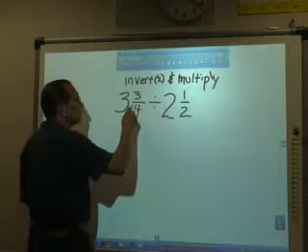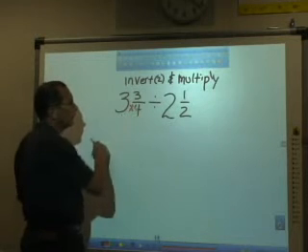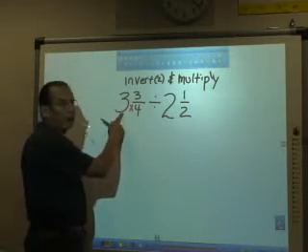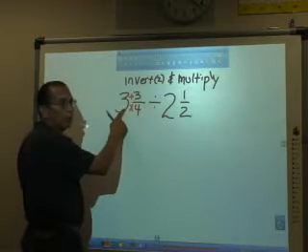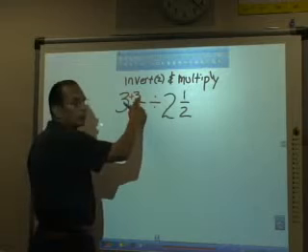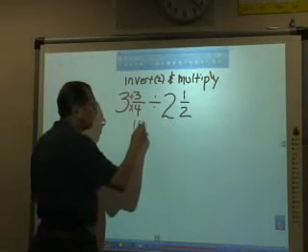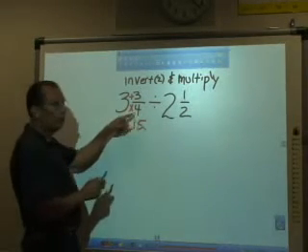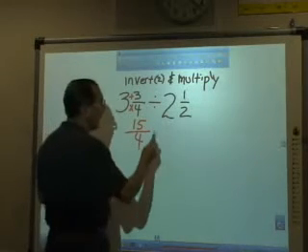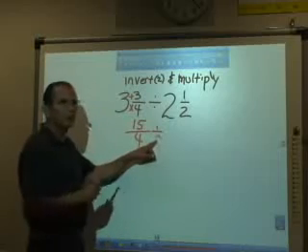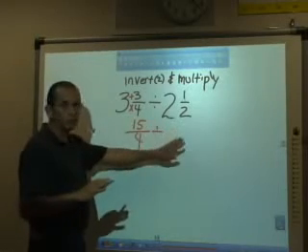Remember, we're going to multiply our denominator times our whole number and add the numerator. 4 times 3, 12, plus 3, 15. And we put the whole thing over the same denominator. I'm going to keep the division sign for right now until we have these converted.